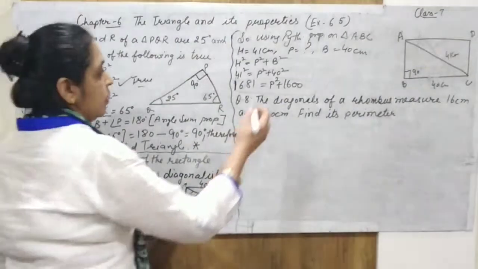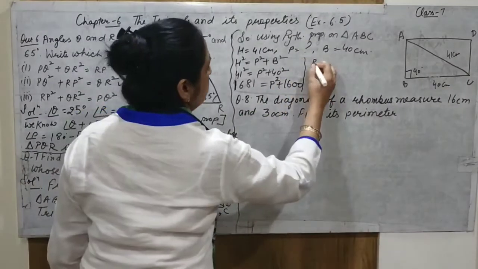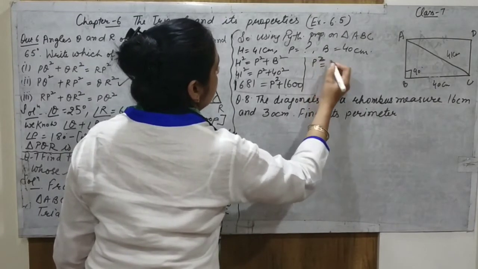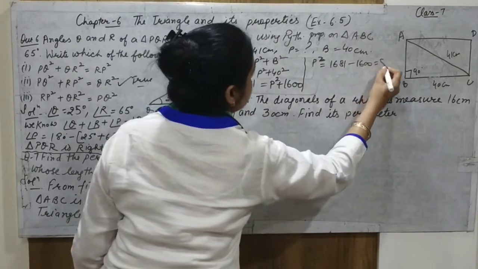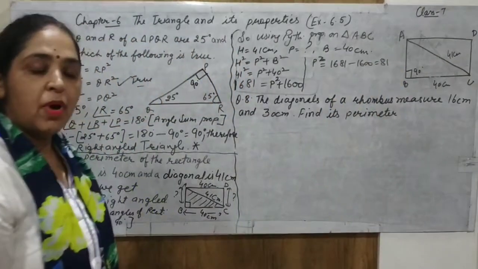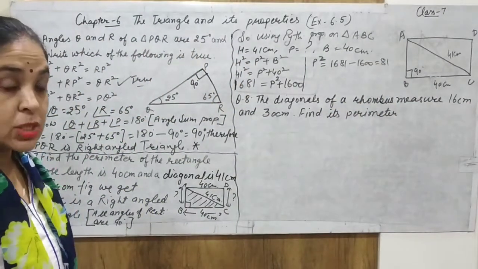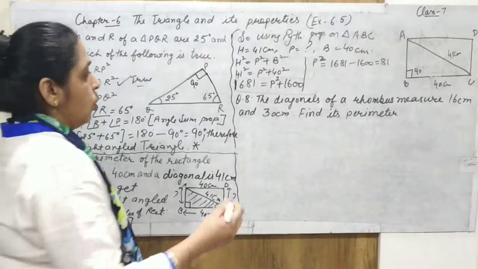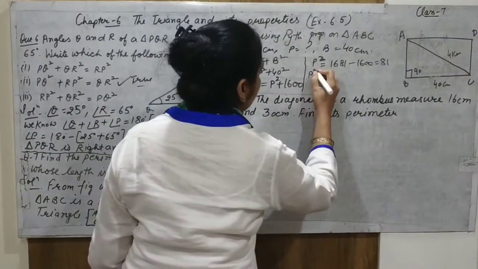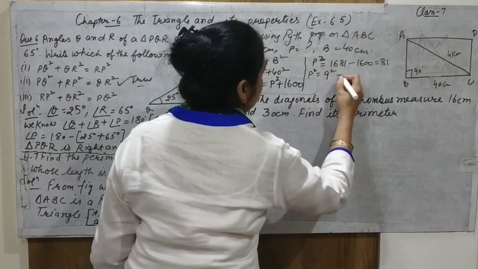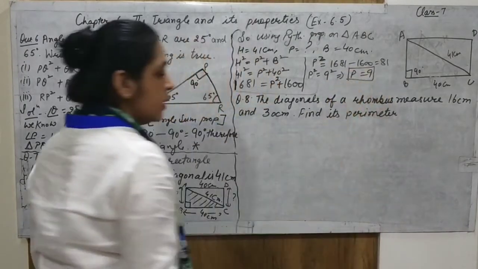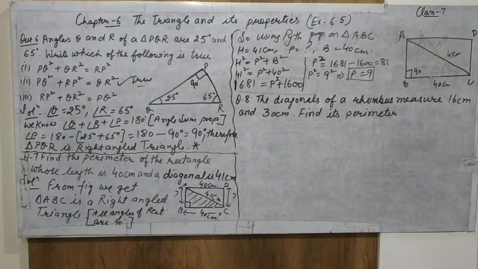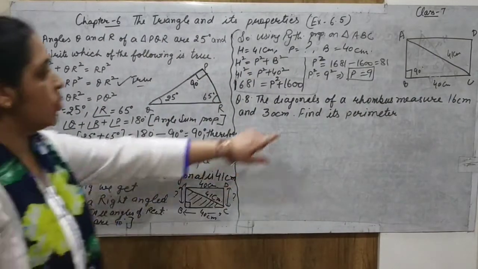Now P square is equal to 1681 minus 1600, that is 81. Whose perfect square is this one? 9 square is equal to 81. So the value of P square is equal to 9 square. That's why P is equal to 9.